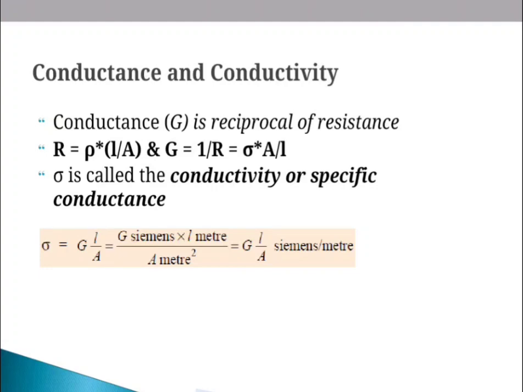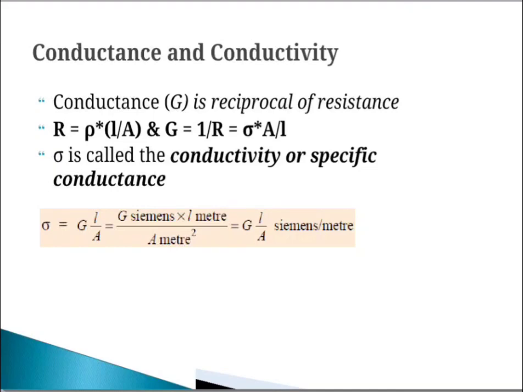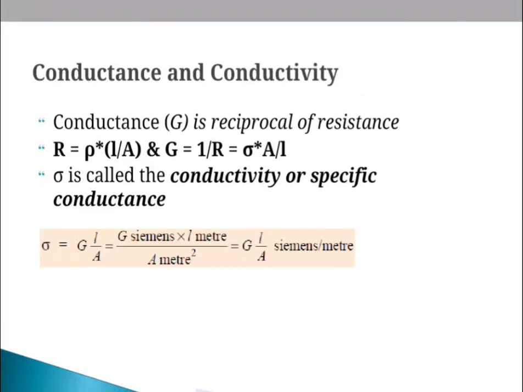The formula we have to know for resistance is rho L divided by A. Conductance is denoted by capital G, and G is nothing but 1 upon R. Putting the value of R, that is rho L upon A, we get G equal to rho into A divided by L, and rho is called the conductivity or specific conductance of the material.